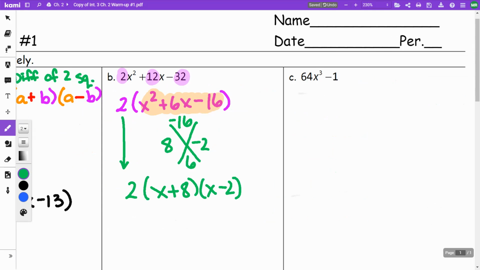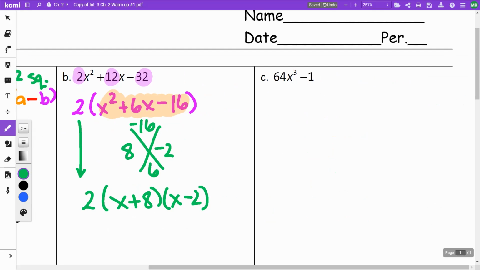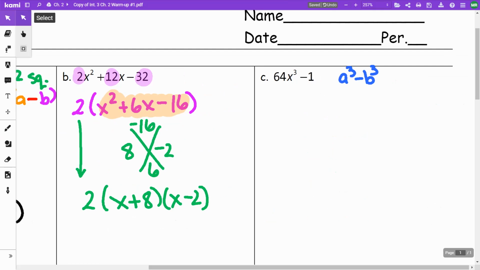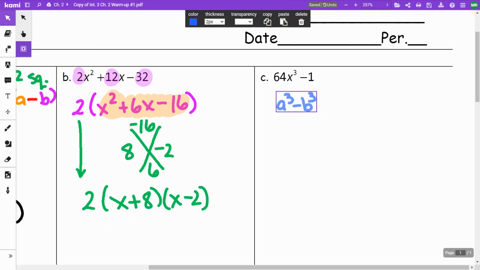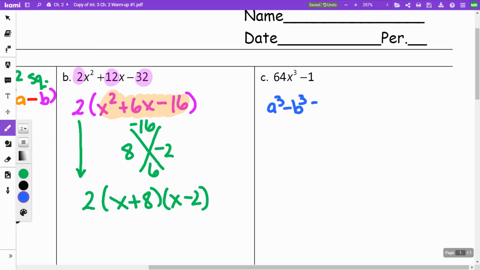On C, this one is going to be a difference of two cubes, where I have a cube minus a cube. When that is the situation, you're going to take the cube root of the first term, which is going to be an a, minus, take the cube root of the second term, which is a b.